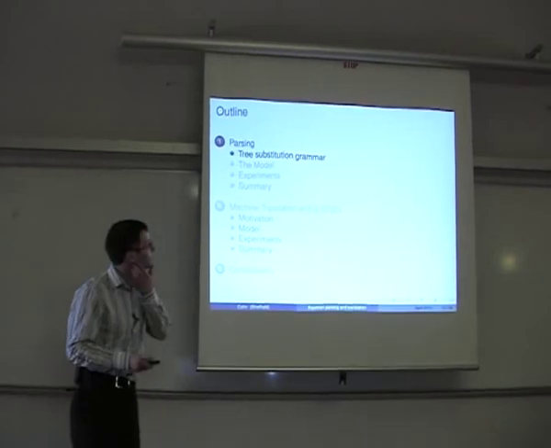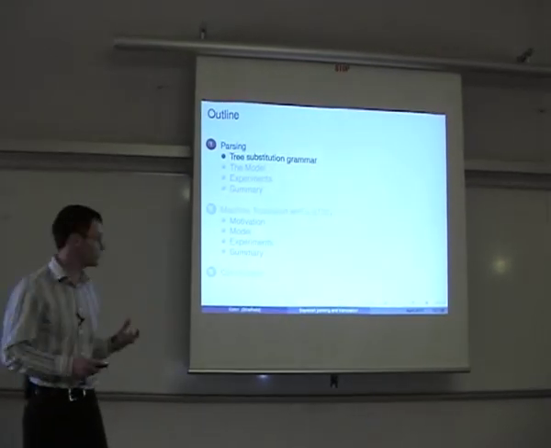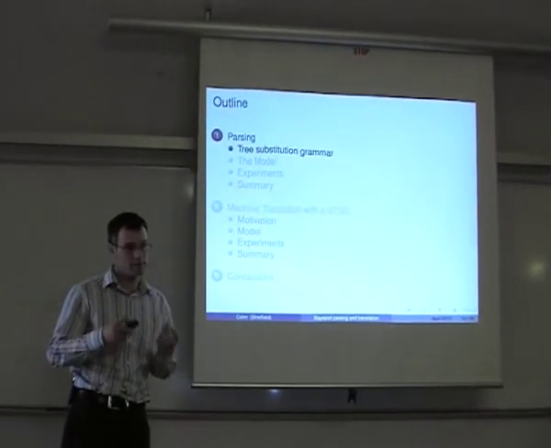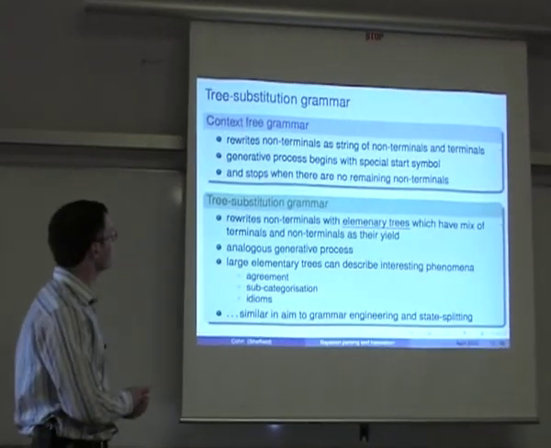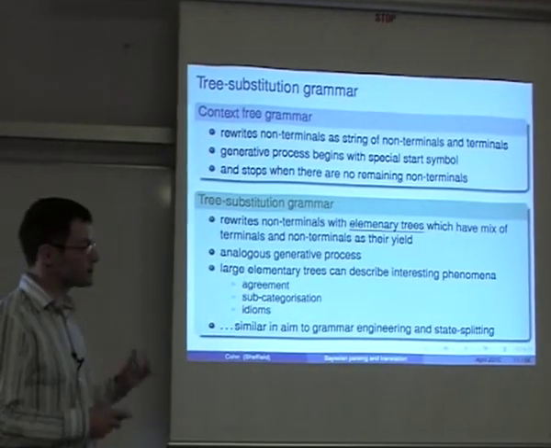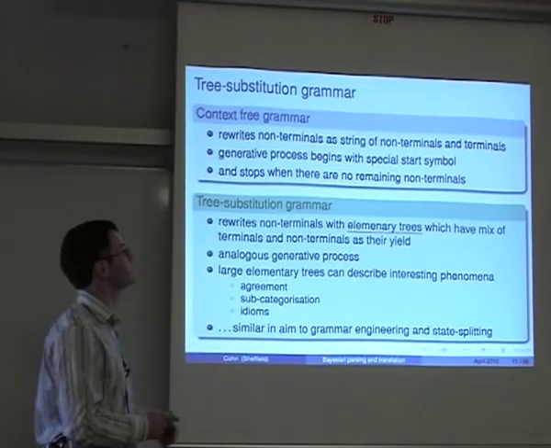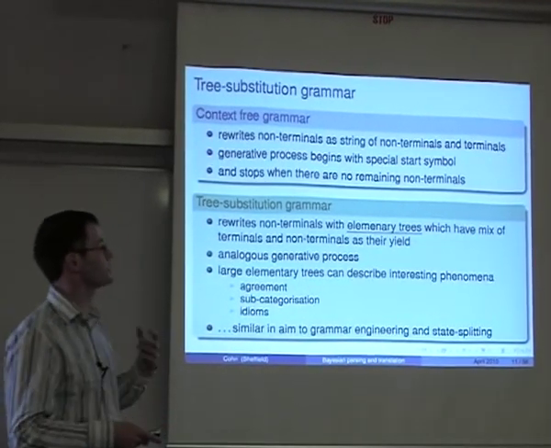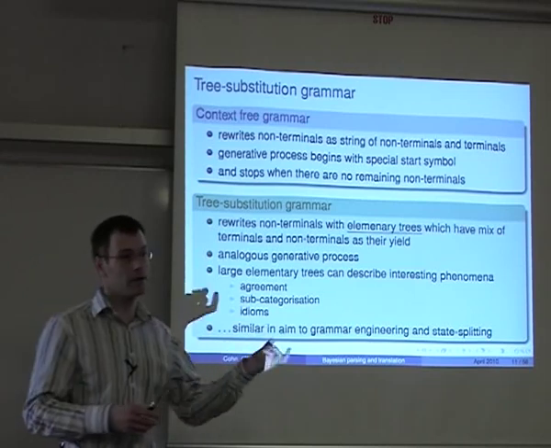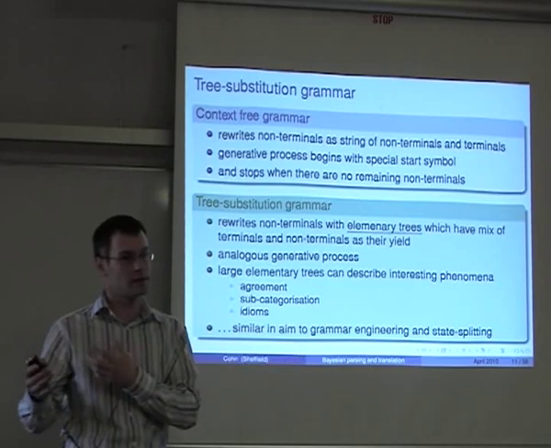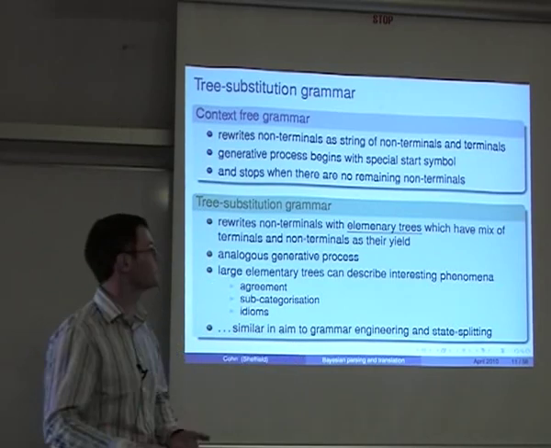Okay, so the next section, I'm going to talk about tree substitution grammar to give you a bit of background, and then I'll get around to describing the model and so forth. So, the basis of most parsing is some kind of context-free grammar. The idea is that we have non-terminals and terminals. The productions in our grammar rewrite a non-terminal as some list of terminals and non-terminals.